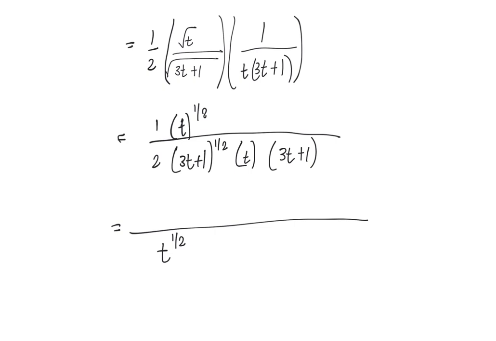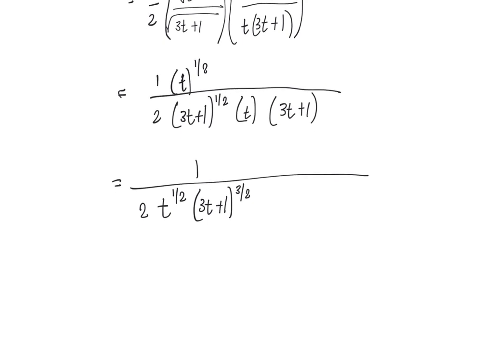The 3t plus 1 and the 3t plus 1, you keep your base and you add your exponents. So a half plus 1 is 3 halves. And don't forget your 2. And there's just a 1 up top.